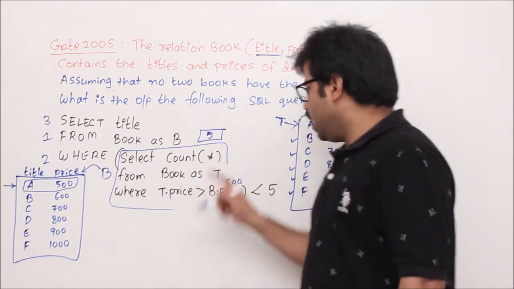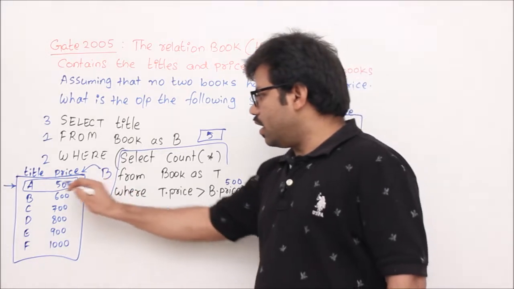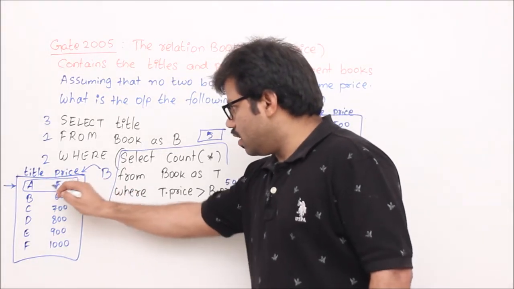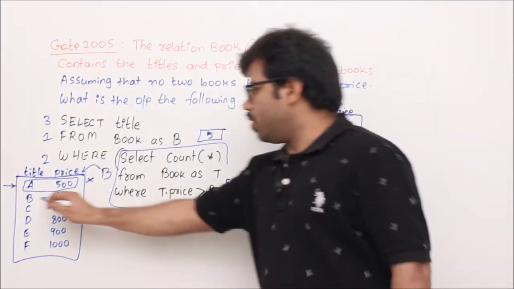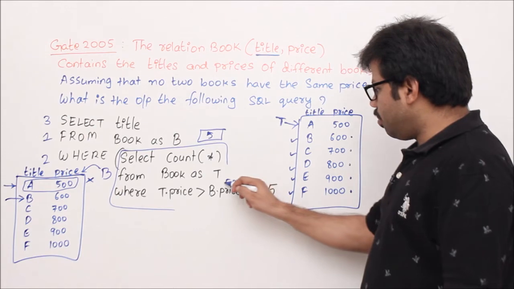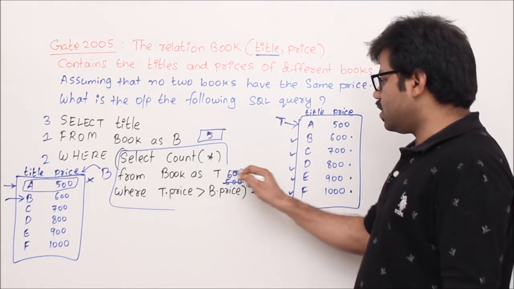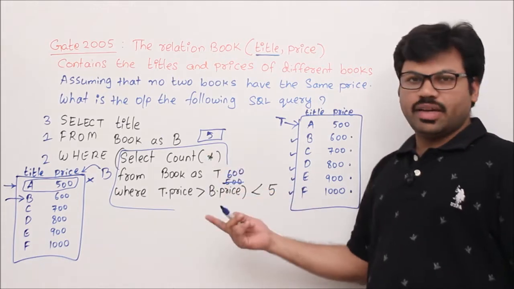Now the question, is this 5 less than 5? No. Then the condition is false. Then I am sorry, Mr. Book A, you are rejected. Then go to the next tuple, that is B and 600. This time we keep the price of that second book, which is 600. Now this query will be executed. This query is again the same thing.